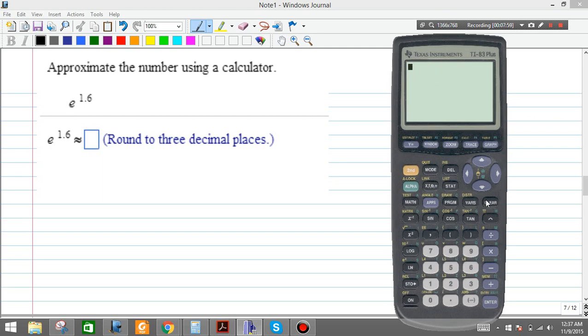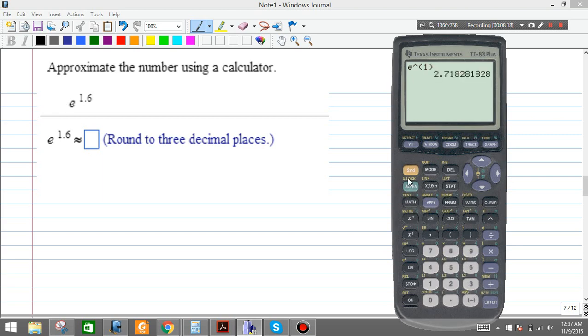So I'm going to clear. It's second e, and it puts the parentheses there for you, 1.6. First of all, e itself, second e to the first, is just this number. So that's what e is.